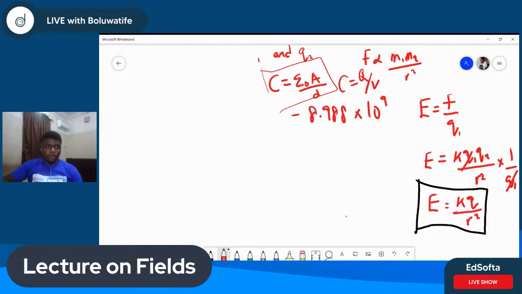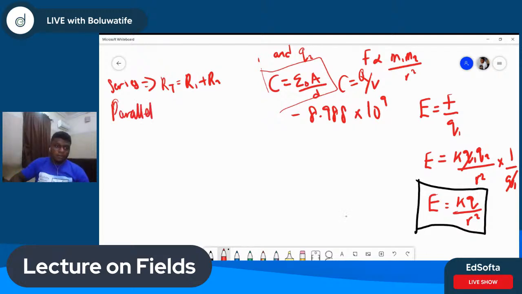For series, remember our earlier discussion: in series, R total equals R1 plus R2, and in parallel, 1 over R total equals 1 over R1 plus 1 over R2.